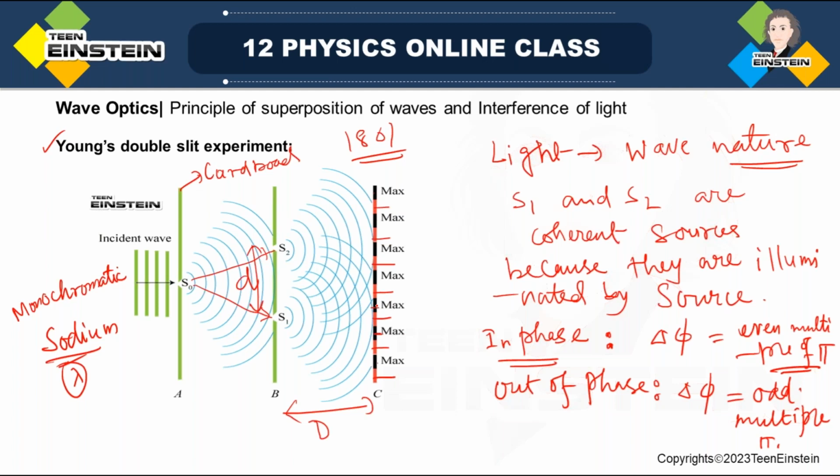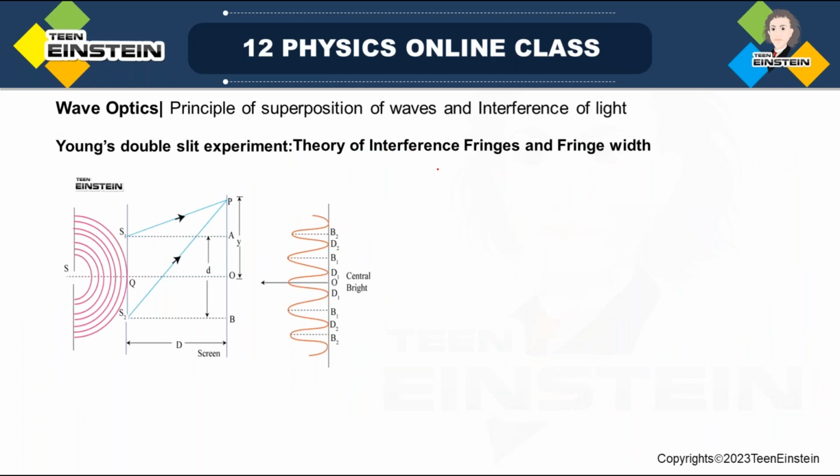Fringe width is the separation between two successive bright or two successive dark fringes. This is a bright fringe, this is a bright fringe, so the separation between them is this one. This is called fringe width. I'll just write it here: fringe width.